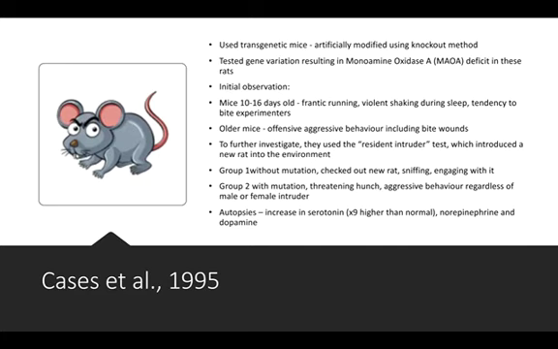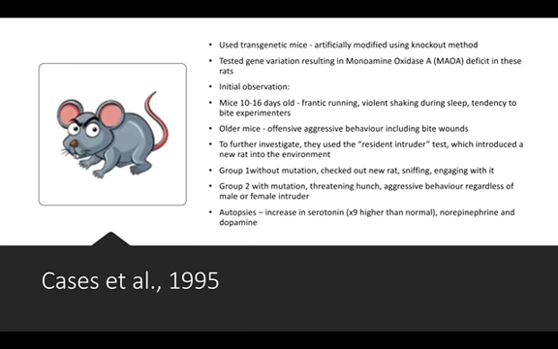Okay, so now that they'd found this kind of variation in that family, they wanted to bring this variation into the lab to see the effects that it has on behavior. So when this variation results in low levels of MAOA enzyme, it increases the levels of the neurotransmitters that I just mentioned.